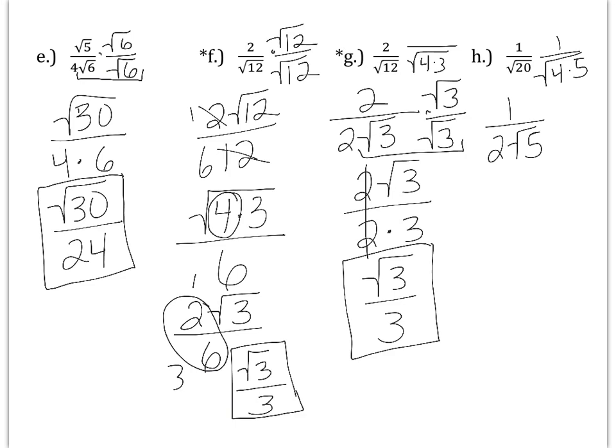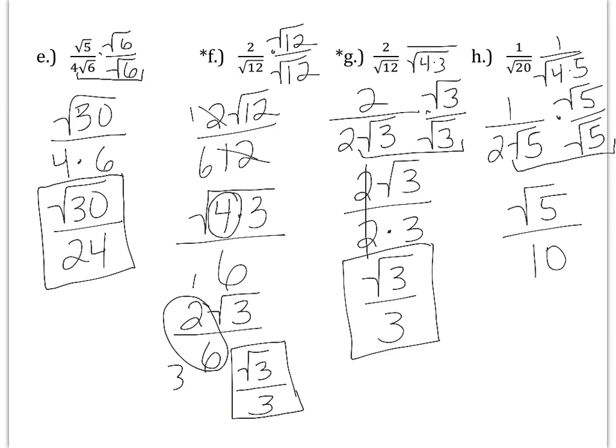And now I'm going to multiply the top and the bottom by the square root of 5. And when I do that, 1 times the square root of 5 is just the square root of 5 on the top. On the bottom, the square root of 5 times the square root of 5 is just 5, and 5 times 2 is 10.